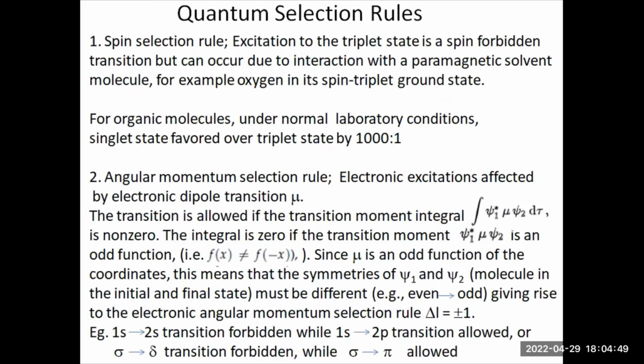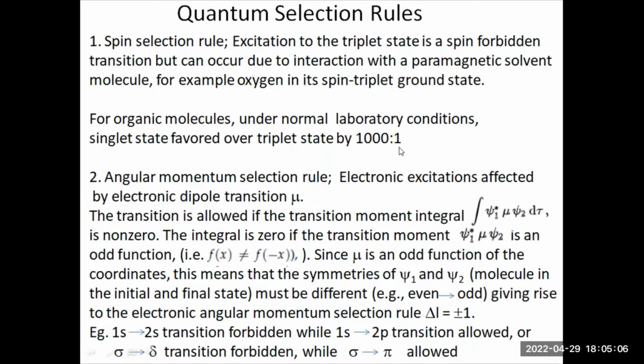Okay, so these were the quantum selection rules, and as I was explaining to Claudette, they are not hard rules. That is, they can be disobeyed because we do not have the molecule in a vacuum, we have the molecule in a solvent.